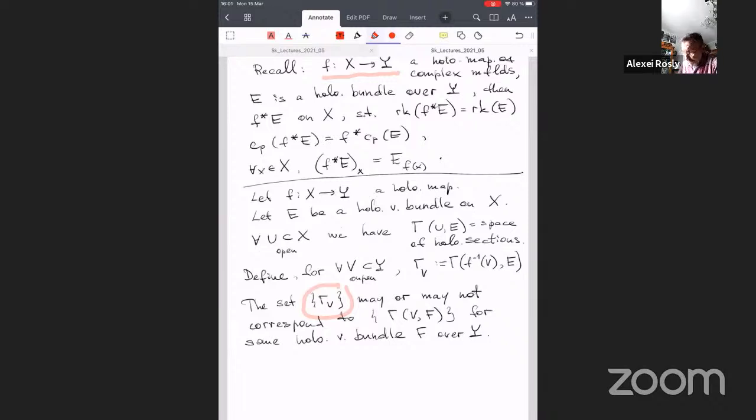In any case, we see that, for example, if our map to Y goes through some point, small y, then if V does not contain that point, then gamma V is zero.